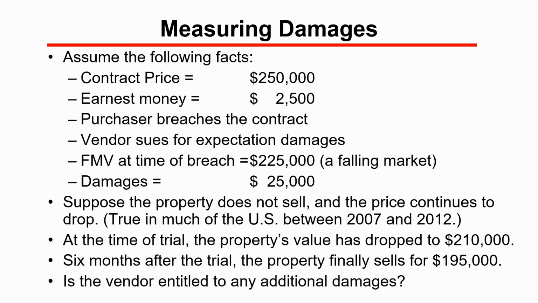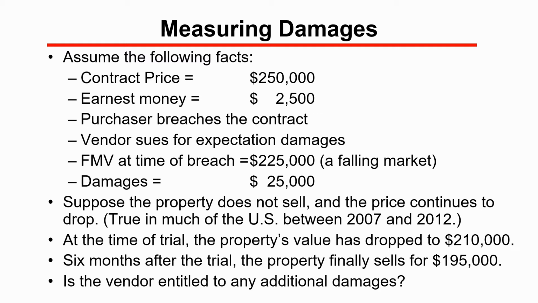Is the vendor entitled to any additional damages because of the price decline either between the date of breach and the date of trial, or the further price decline after the date of trial? The answer is no. Damages are computed only as of the date of the breach, and anything that happens to the value of the property thereafter is the vendor's responsibility and risk.